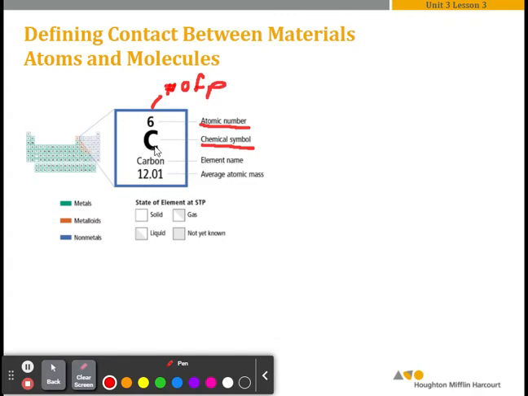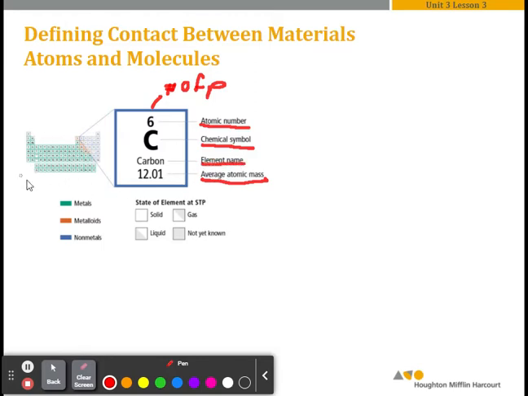The average atomic mass tells us the mass of 1 mole of that substance in grams, or the mass of 1 atom of that element in atomic mass units. And it tells us the element name.